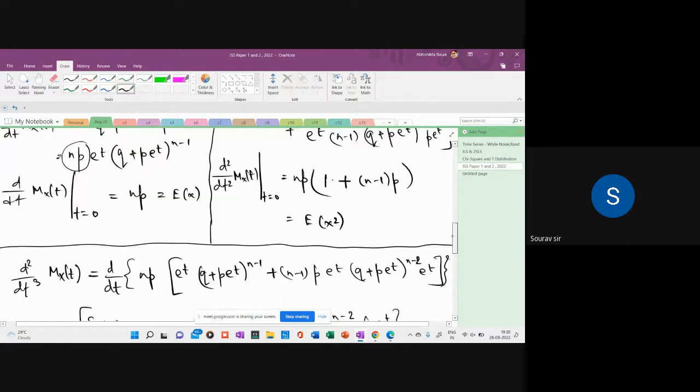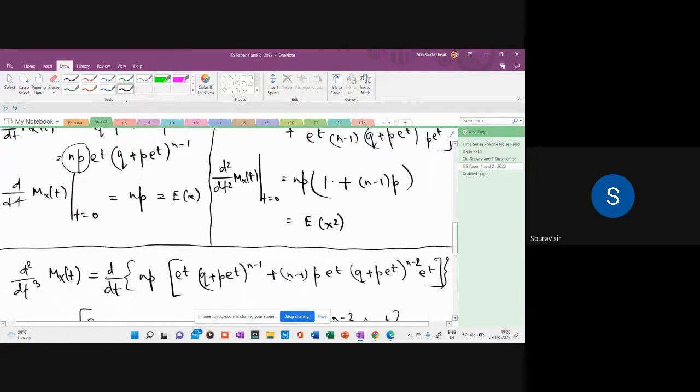And similarly, this is actually giving me, let me write it in another color, np is 1. So 1 plus n minus 1 is 2 by 3. This is 5 by 3. And this is 1. So let us put the values over here.